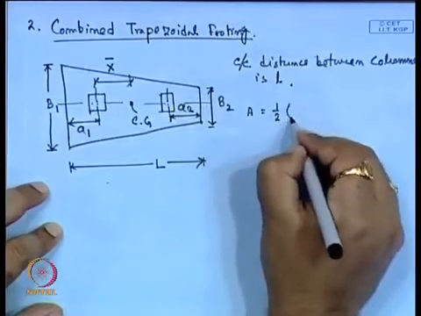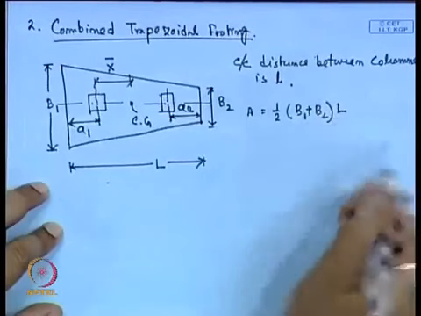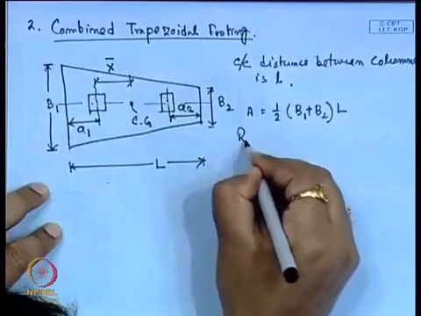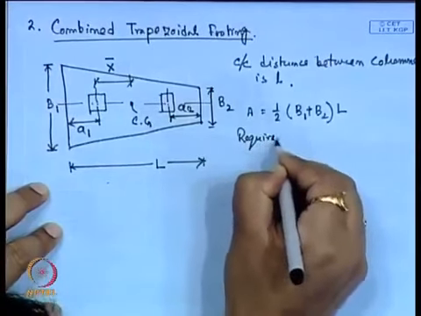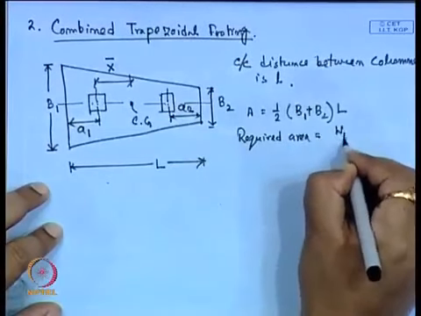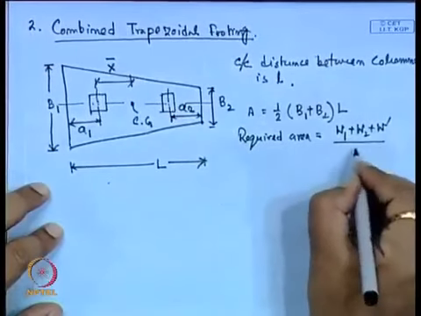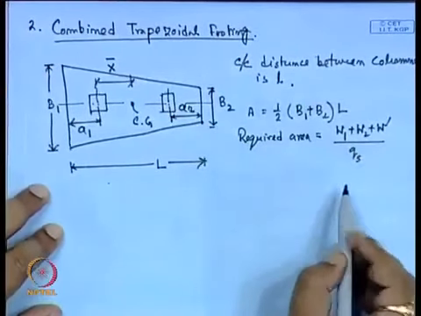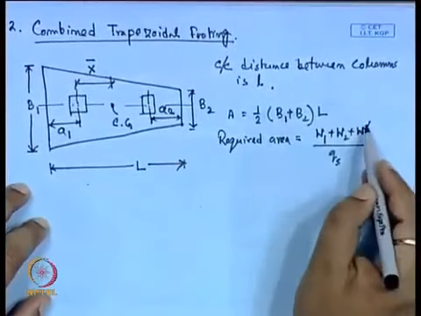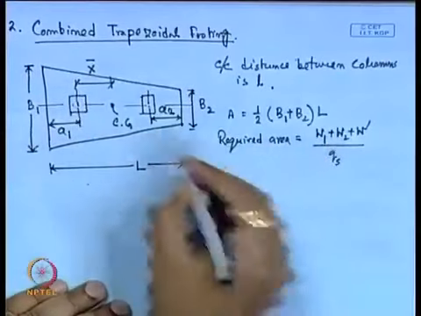The trapezium area is half (B1 plus B2) into L. The required area is again (W1 plus W2 plus W') divided by Qs, where Qs is the same bearing capacity of the soil, W' is the same weight, W1 is the load acting at the first column and W2 is the load acting at the second column.